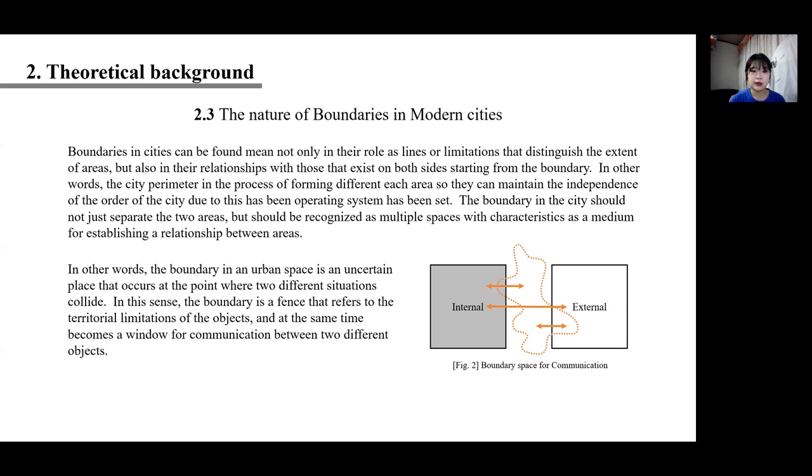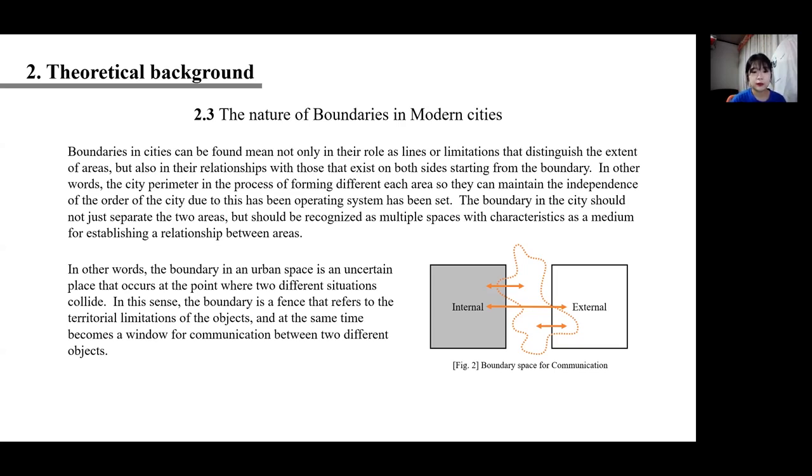In other words, the city perimeter, in the process of forming different areas so they can maintain the independence of the order of the city, has been operating as a set system. The boundary in the city should not just separate the two areas, but should be recognized as multiple spaces with characteristics as a medium for establishing a relationship between areas.